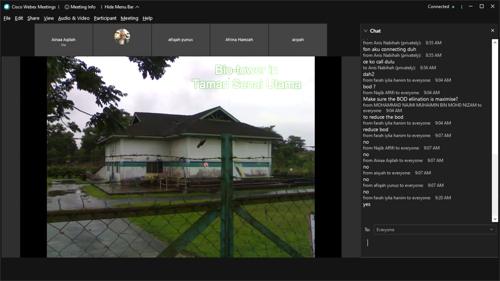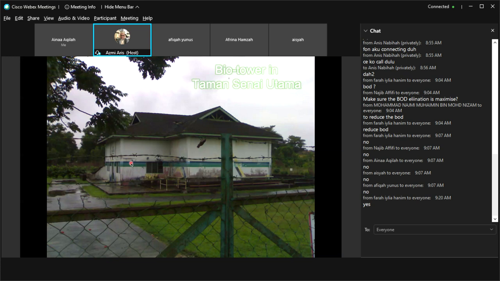Okay. So this color, the green and blue color, is the official color of IWK. You should know this if you are Malaysian and if you don't live in Kelantan, because the sewage treatment plant in Kelantan is not operated by IWK.